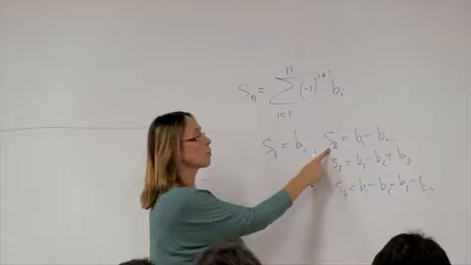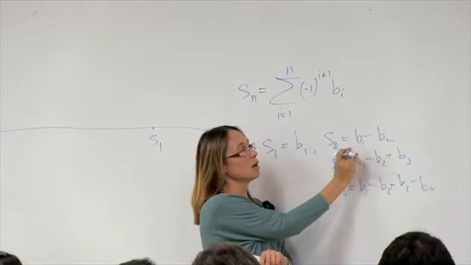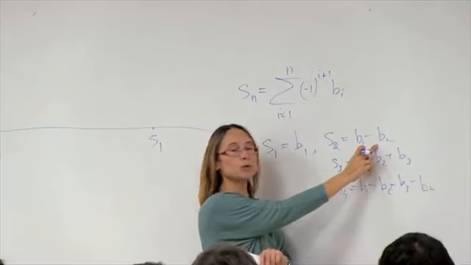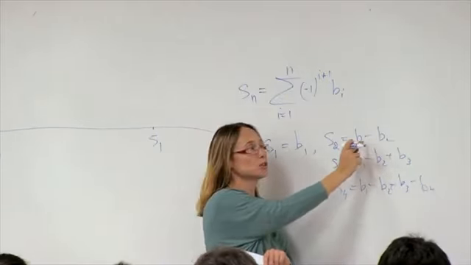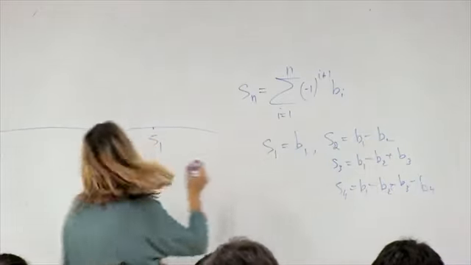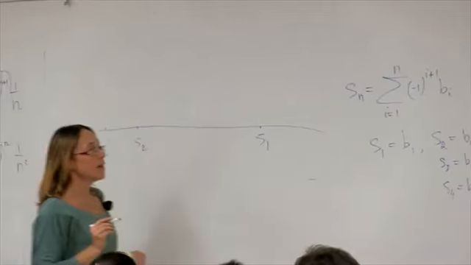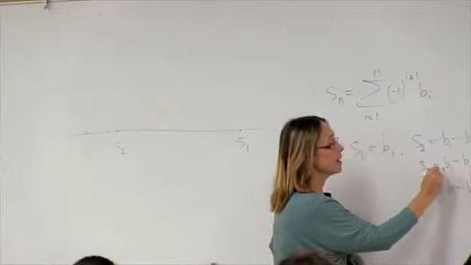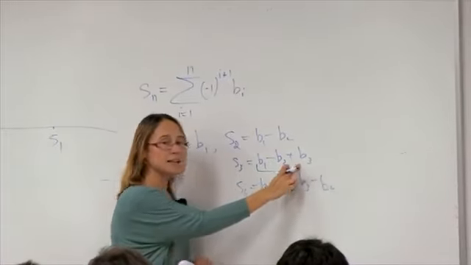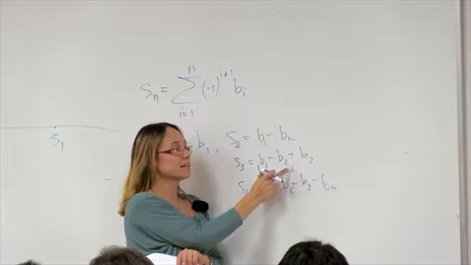Now let's look at S2. S2 is smaller than S1 because we subtract a positive number. And we can also see that it's greater than 0 because the terms decay: B2 has to be smaller than B1. So S2 has to be somewhere here. Now we look at S3. S3 is equal to S2, and we add a positive number, so it's going to be bigger than S2.